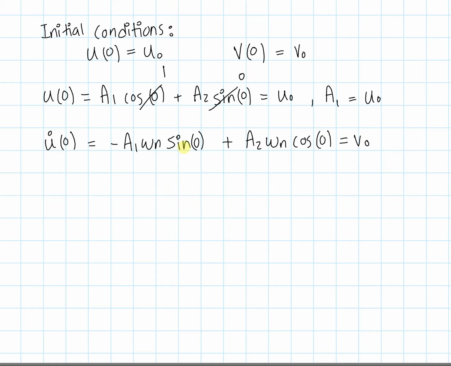So again, sine 0 is equal to 0, so the first term goes to 0, and cosine 0 is equal to 1. If I do the math correctly, I should have a2 equal to v naught divided by omega n. So that's our first term here, and this is our second term.